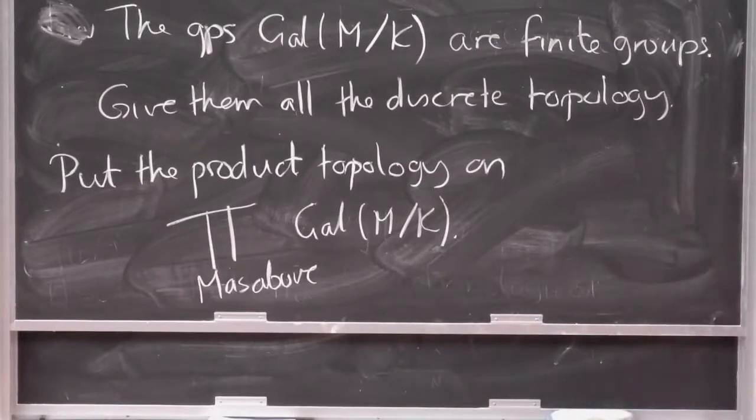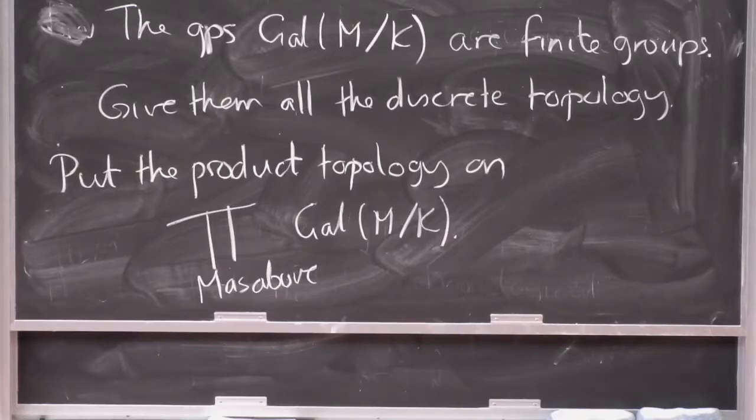Because the product topology isn't the first thing you would guess if you were just being very naive. If you've seen the definition of the product topology on the product of two topological spaces, a basis for open sets on X cross Y would be U cross V, with U open in X and V open in Y. But for infinite products, it works a little bit differently.